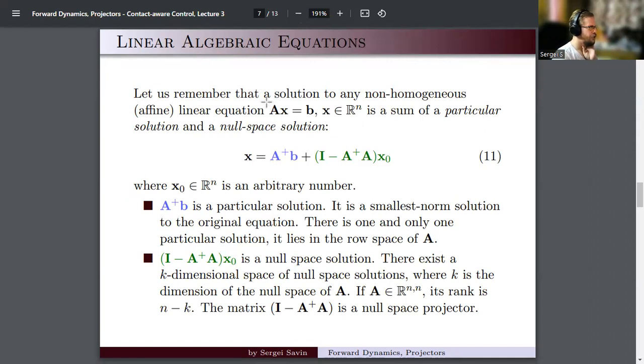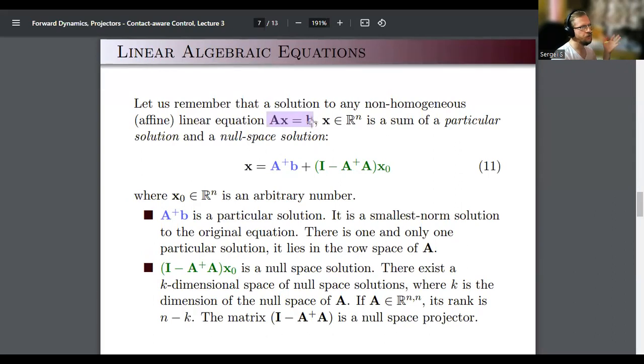So for the affine equation or non-homogeneous equation, whichever you prefer, Ax equal to b, where x is in Rn, the solution of this equation is a sum of a particular solution and a null space solution.